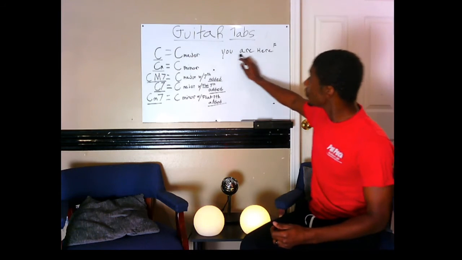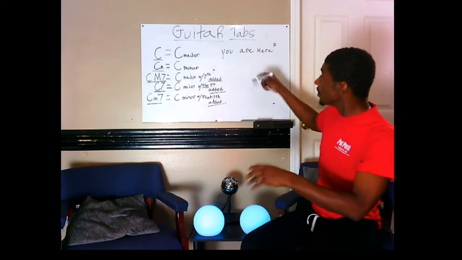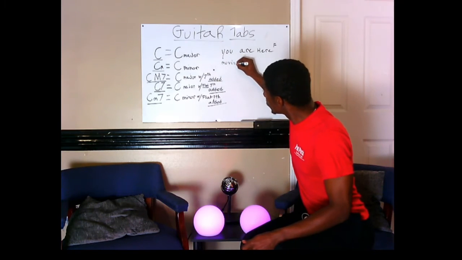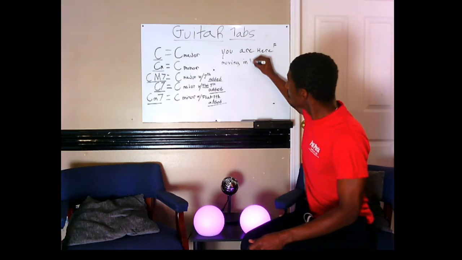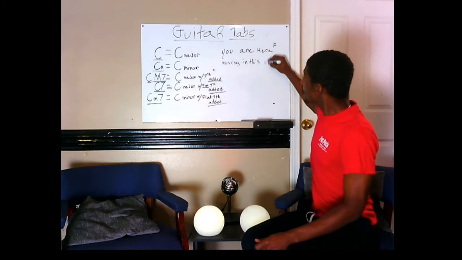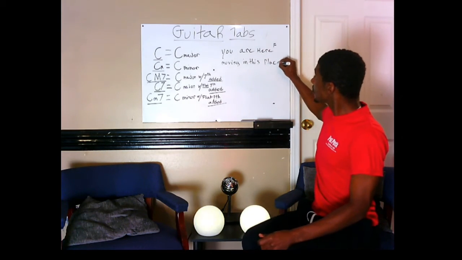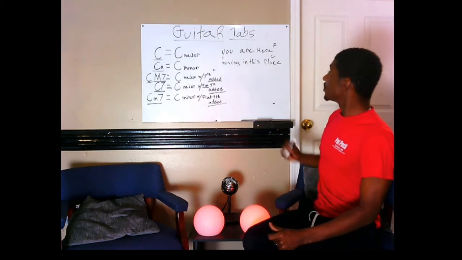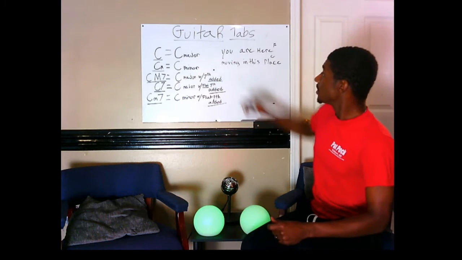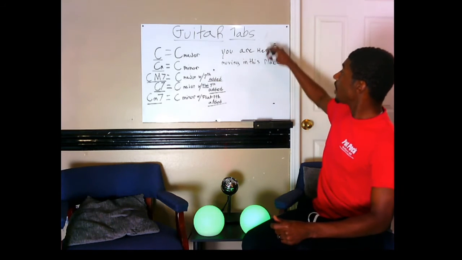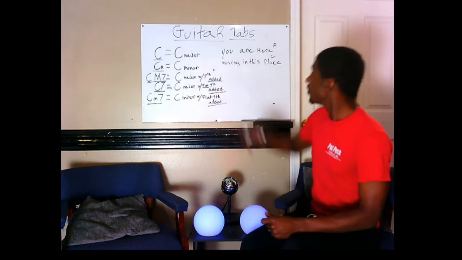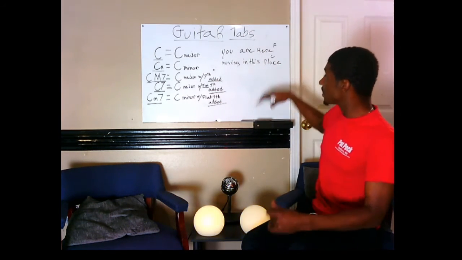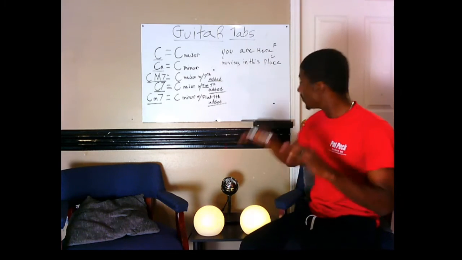So it'll go, you are here, F, moving in this place, and it will be F, C. The C will be located right above the word place. So if you look here, it says you are here, F. That means that you hit that F chord after the word here. Moving in this place, you hit that C chord right when the word place is mentioned.